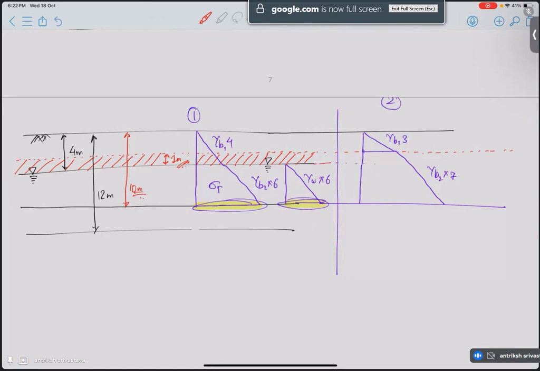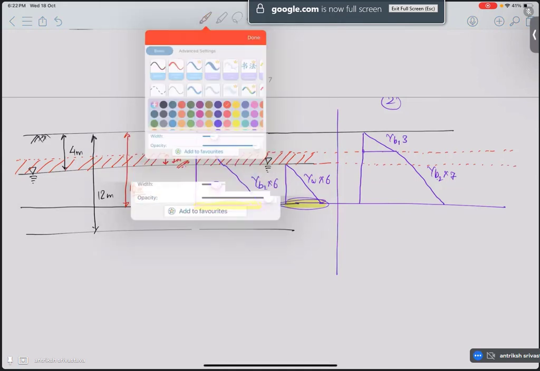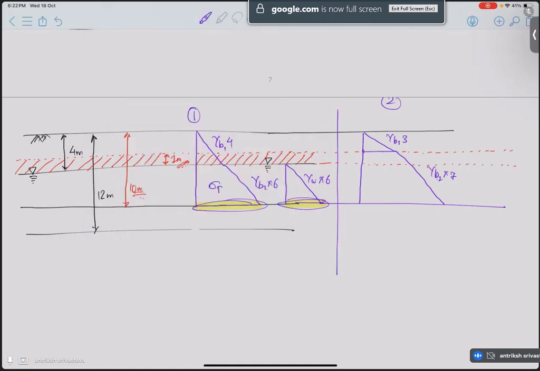Okay, now how the water stress will be affected? So if you remember, water is in tension under capillary, right? So the water above the groundwater table in the capillary range is going to be suffering from tension, means it is going to exert a negative force. So it will again start from 0 only at the groundwater table. So from our depth 4 to 10, it is again going to be gamma W into 6.